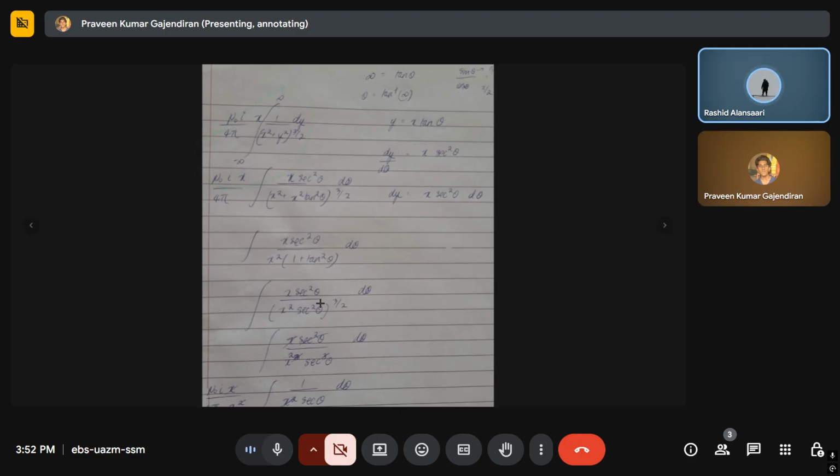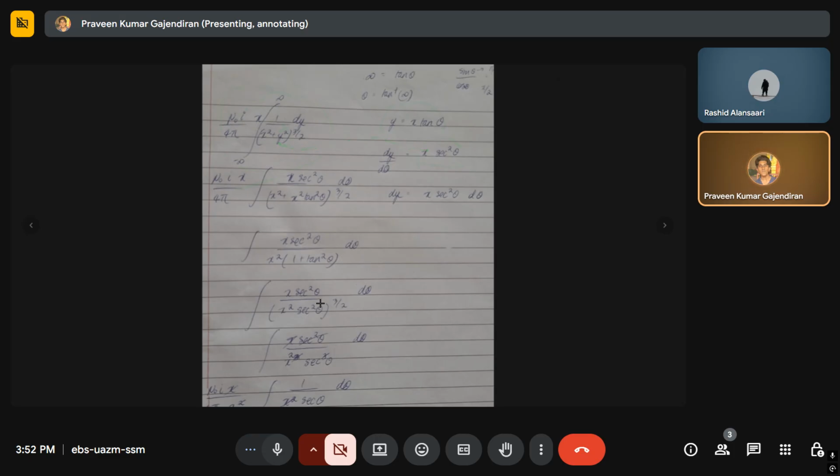This is where he simplified dB. Look what he did. He took y as x tan theta, and then he differentiated dy by d theta to get x sec square theta, and he substituted that over here.